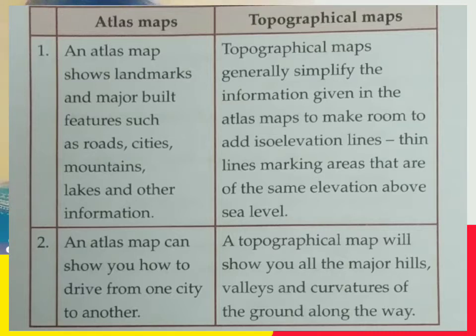An atlas map shows landmarks and major built features such as roads, cities, mountains, lakes, and other information, while topographical maps generally simplify the information given in the atlas maps to make room to add iso-elevation lines, thin lines marking areas that are of the same elevation above the sea level.